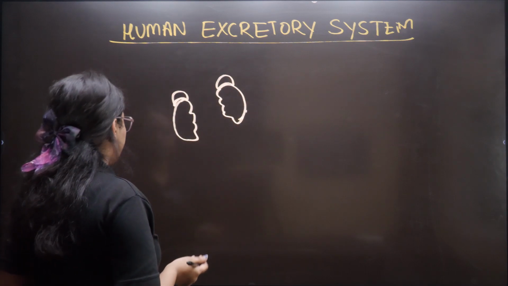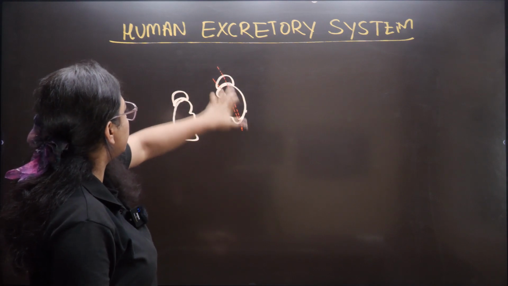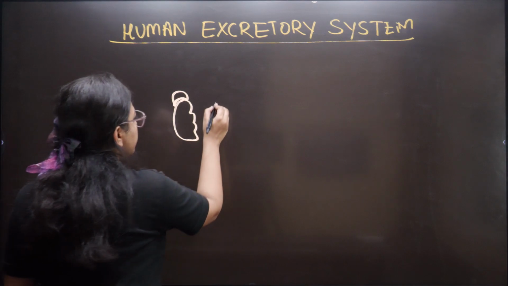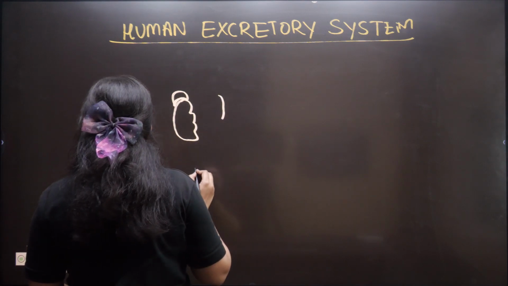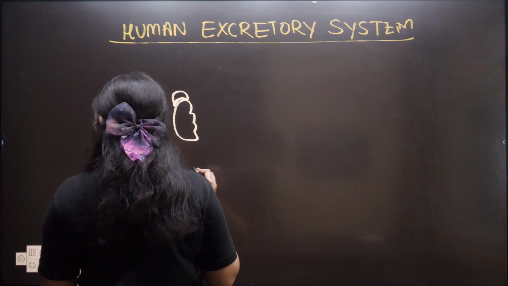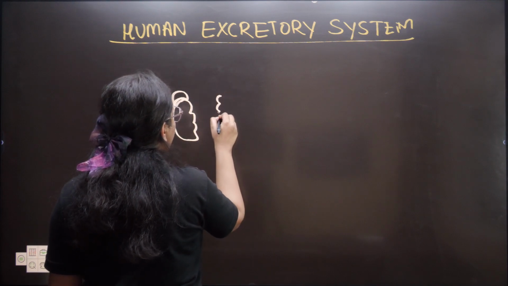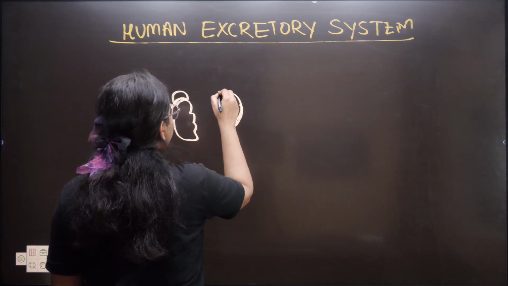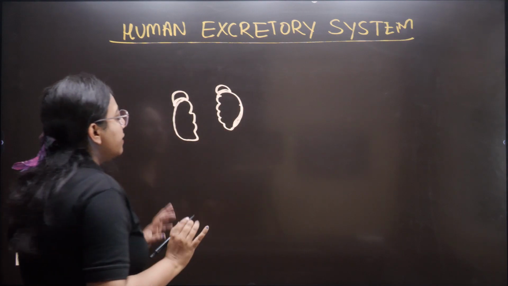It will also have the adrenal gland, but a little to this side, so I'm just going to draw it a little straight. Now it will have an adrenal gland like this.